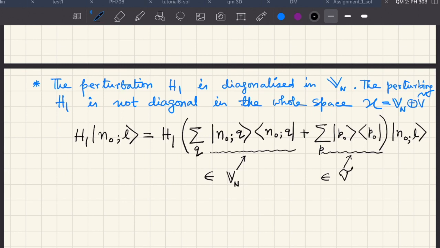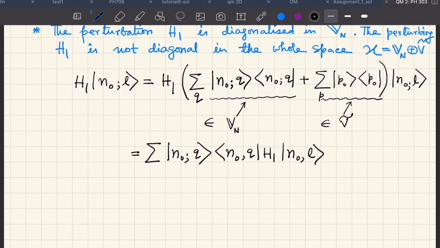So by inserting this identity, we can write the sum over Q of N naught Q, N naught Q H1 N naught L, plus the sum over P of P naught, P naught, where H1 will act on this N naught L.